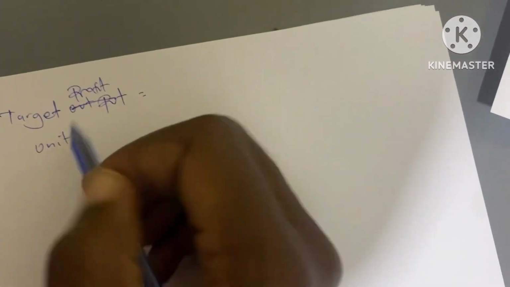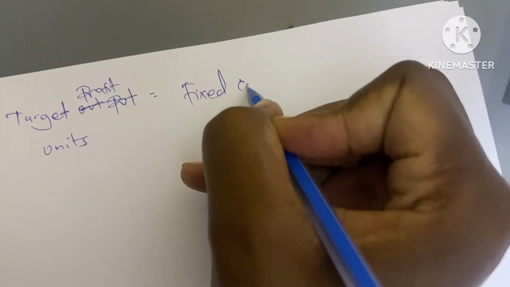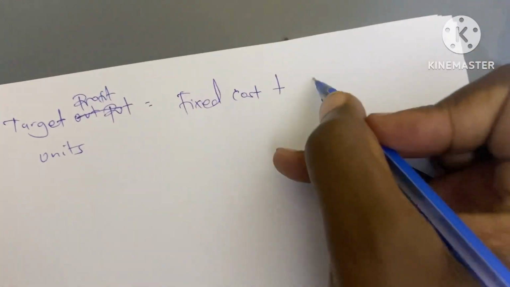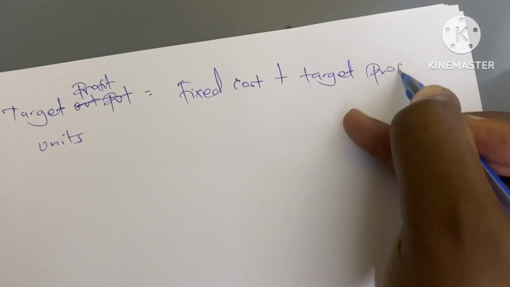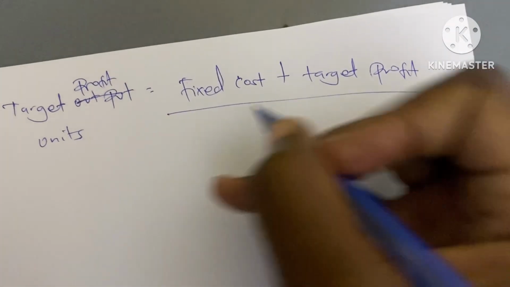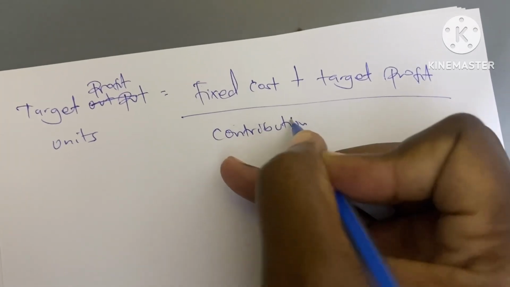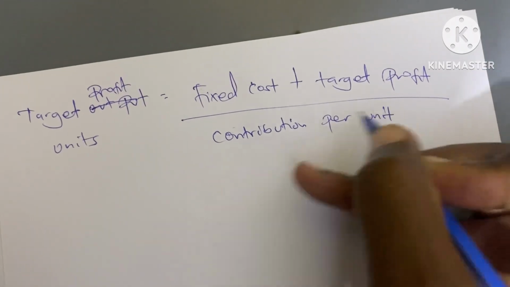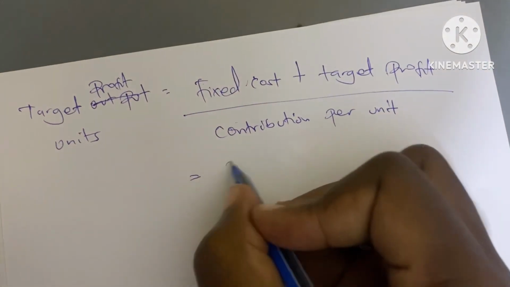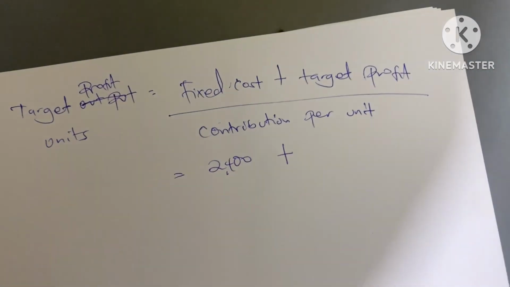The formula for target profit in terms of units is fixed cost plus the target profit divided by the contribution per unit. According to the question, the fixed cost was 2,400 plus the target profit.